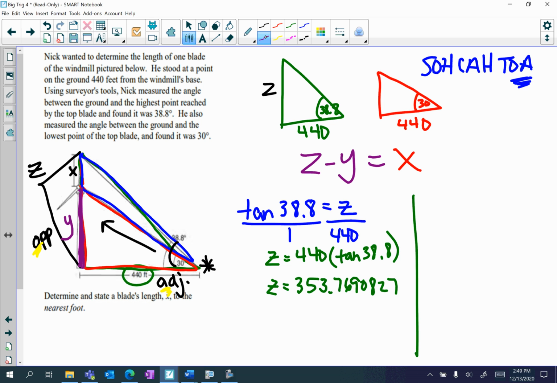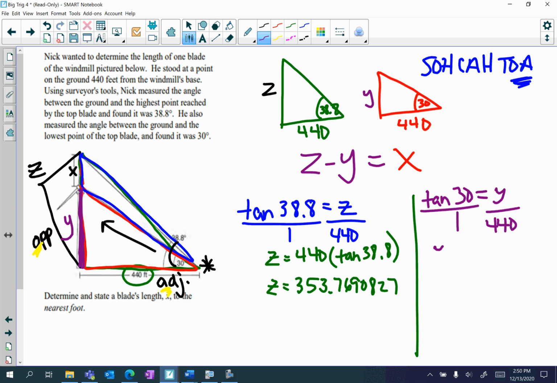Next, we're going to solve for y. Remember, y is using that 30 degrees. So again, y is going to be my opposite. 440 is going to be my adjacent. So I'm going to be using tan of the smaller angle, which is 30, equal to opposite, which is y, over adjacent, 440.